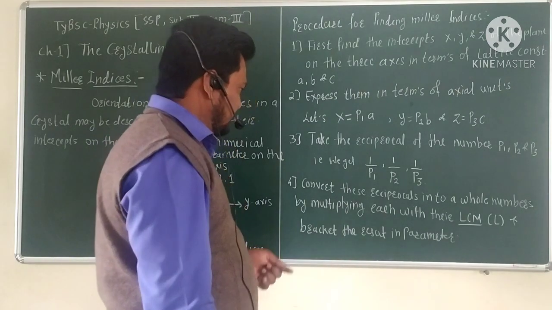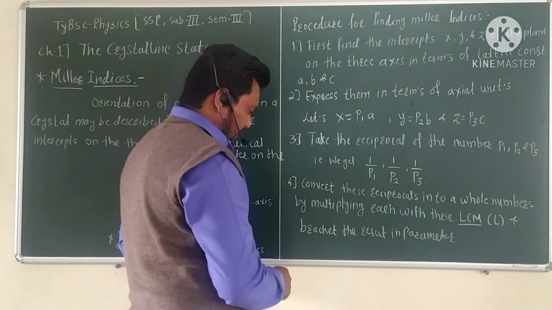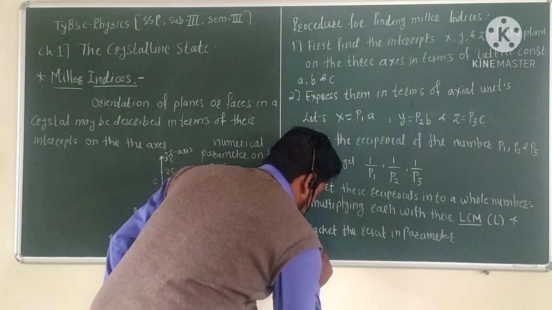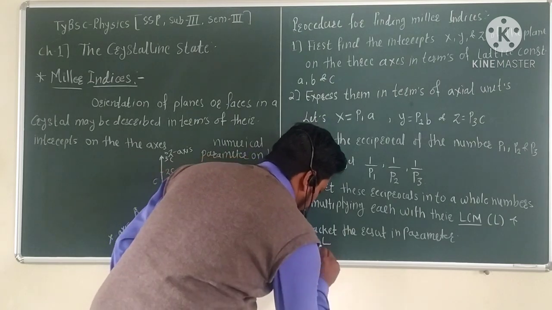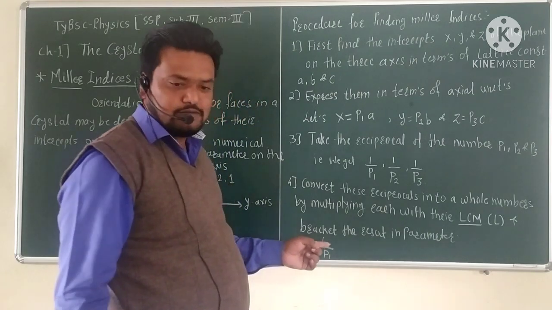Multiplying by the LCM, we write h equals L upon p1, k equals L upon p2, and l equals capital L upon p3, where L is the LCM number.